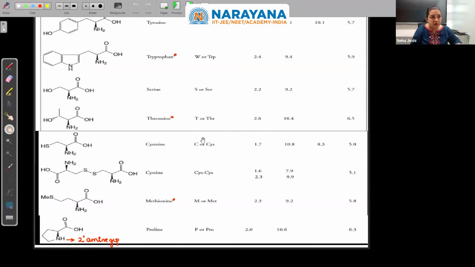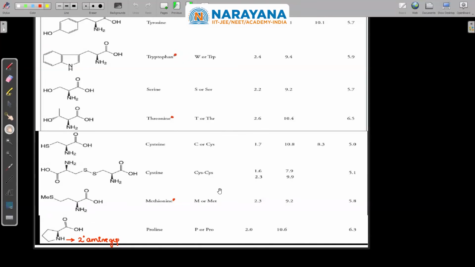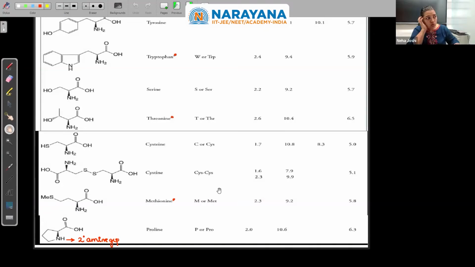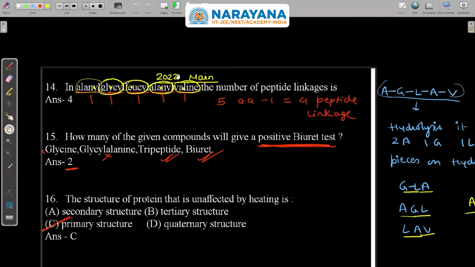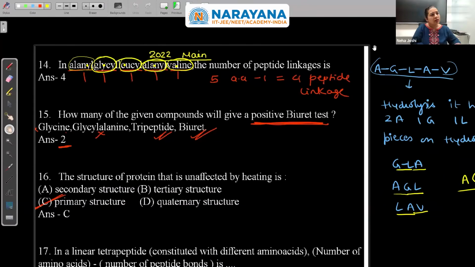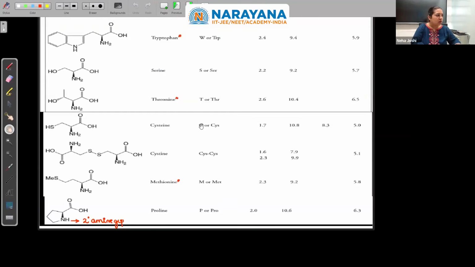Shrey. Ma'am, in the previous year questions, how do they mention the names of the amino acids? Do they just write glycine or GLY? They can write either way, they can write single letters like this.